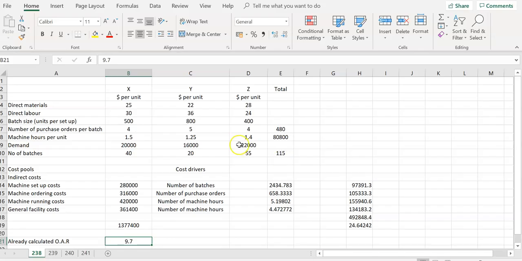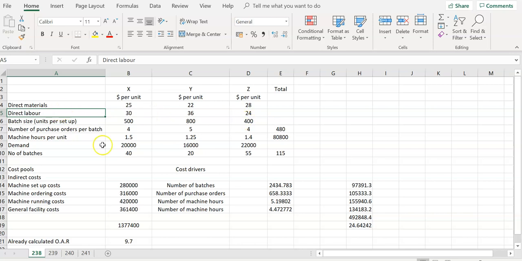So £9.70 per labor hour. There are, in this business, at a cost of, I'm told that this was at £12 per labor hour.